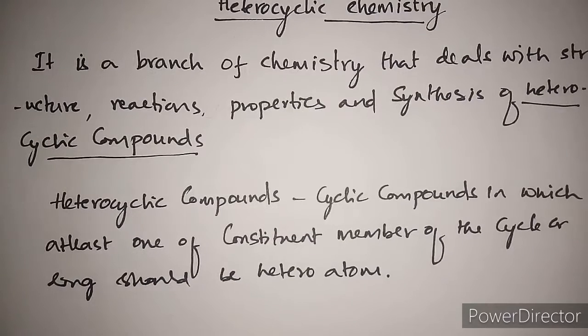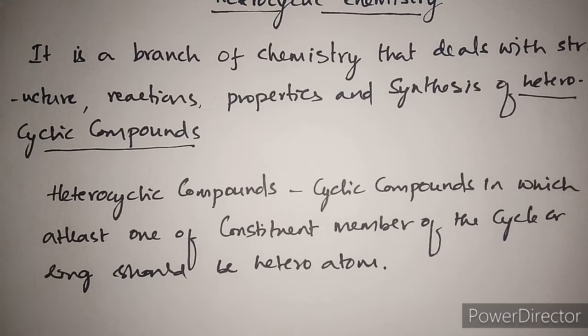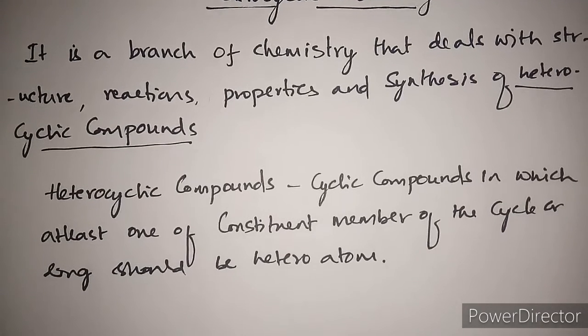So heterocyclic compounds are cyclic compounds in which at least one of the constituent members of their ring is replaced with a heteroatom. That we call heterocyclic compounds.